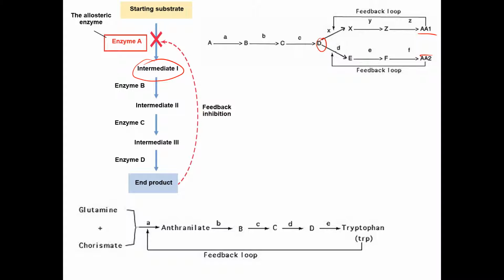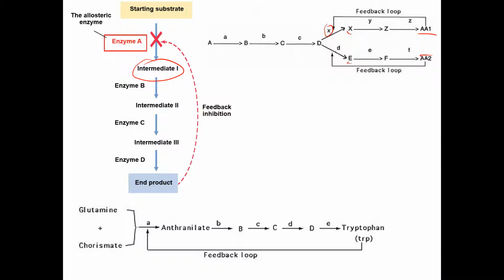AA1 can inhibit this reaction here, D being converted to X, by targeting enzyme X. AA2 can inhibit the reaction of D being converted to E by targeting enzyme D.